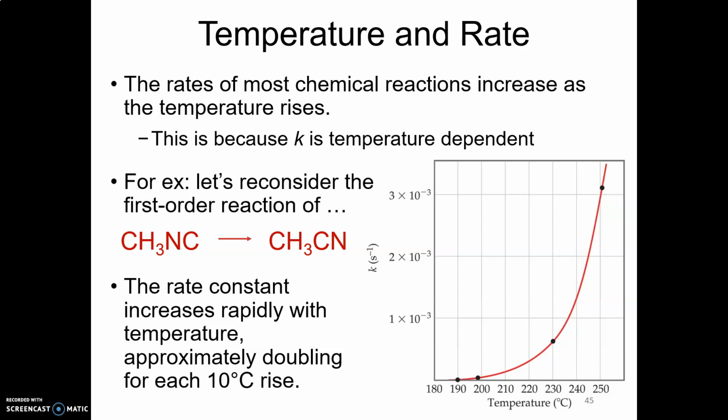But this isn't just the normal increase, right? This isn't a linear increase. This is an exponential increase. So yes, temperature definitely affects rate in a very big way. Essentially, the rate constant is going to double every time the temperature increases by 10 degrees, which is huge. So absolutely temperature dependent.